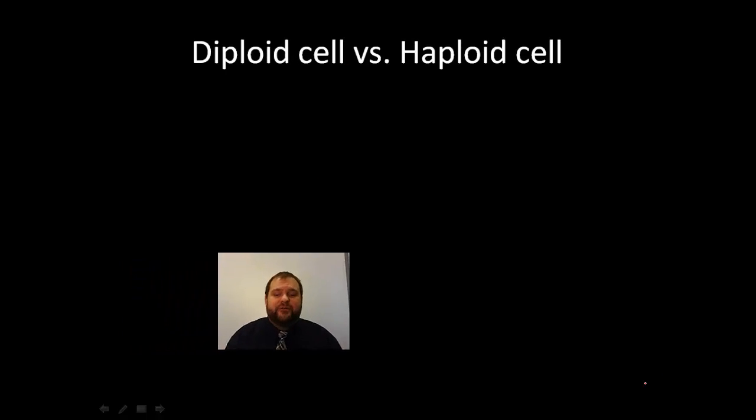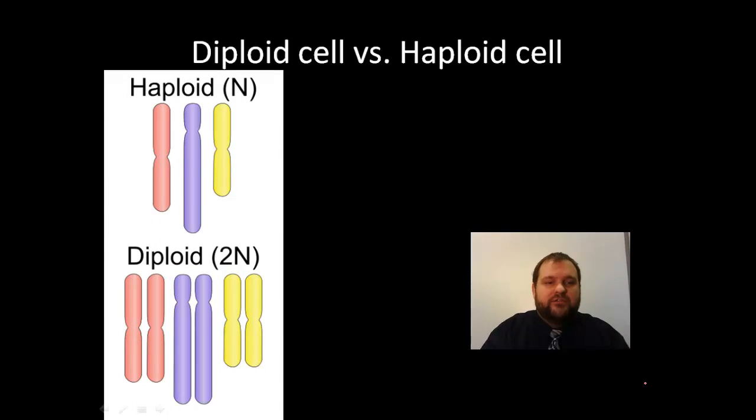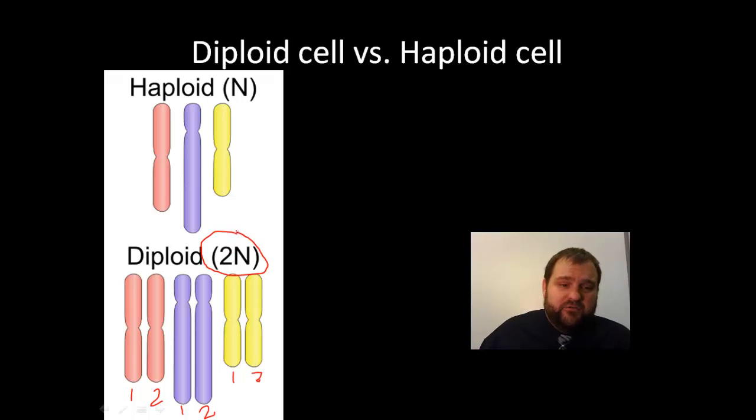Cells that have homologous pairs are what we call diploid. If we look down here, you can see how there are 2 copies of each of these chromosomes. 1, 2, 1, 2, 1, 2. That's a diploid cell, and we give that 2n. That just means 2 times the number of chromosomes.